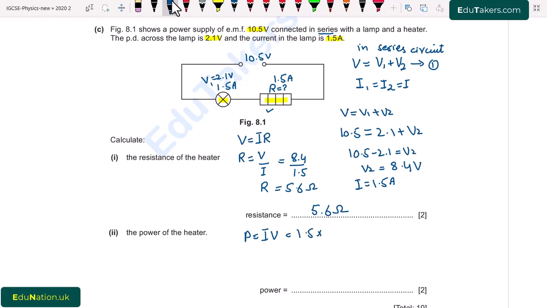I is, we calculated, 1.5, multiplied by potential difference, which is 8.4. So power comes to be 12.6 watt. The unit of power is watt.